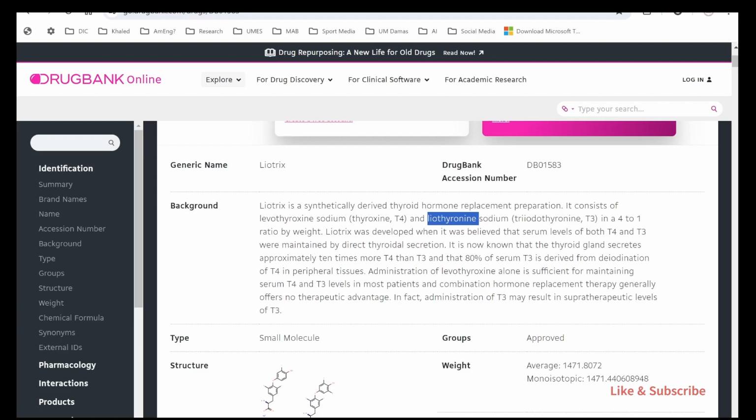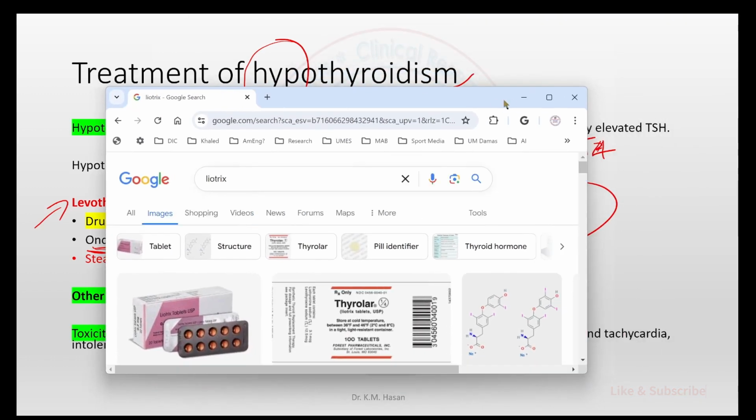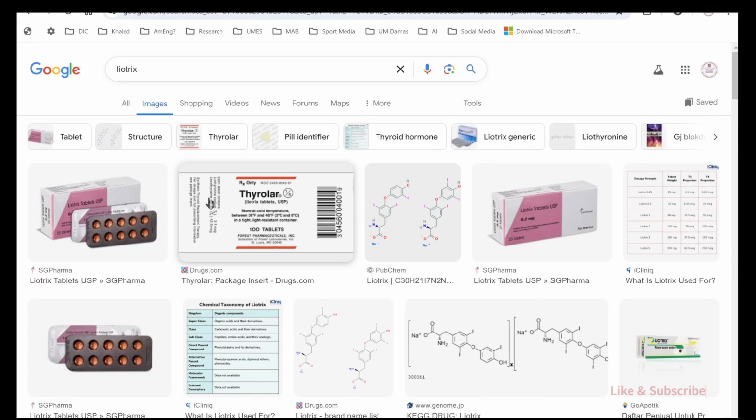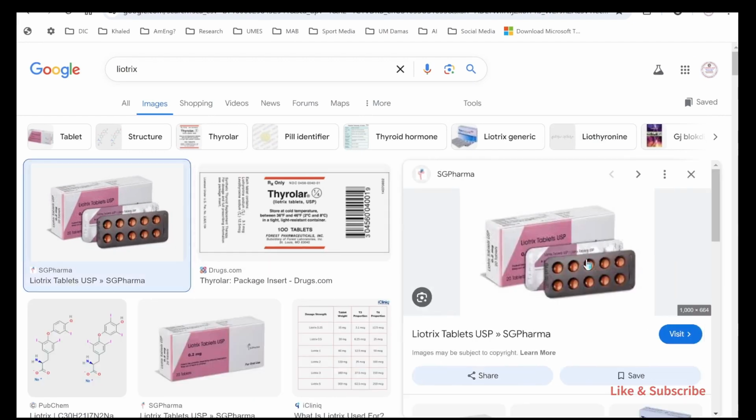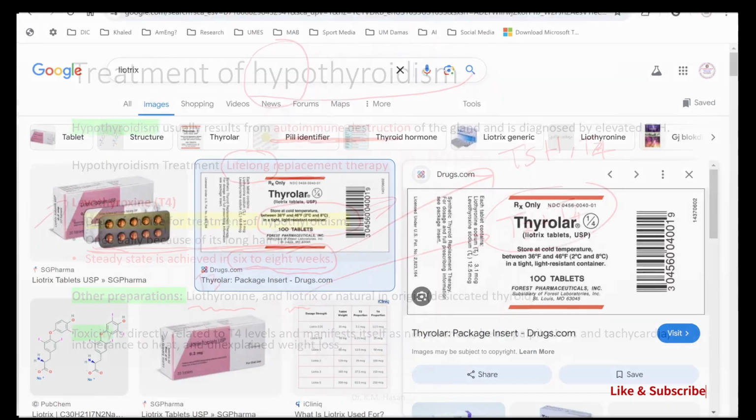It's very important: this medication, Lyotrix, consists of two hormones, T3 and T4 together. Again, these are some images for Lyotrix. You can see the package or the pharmaceutical form for the medication. Lyotrix tablets consist of two main hormones.